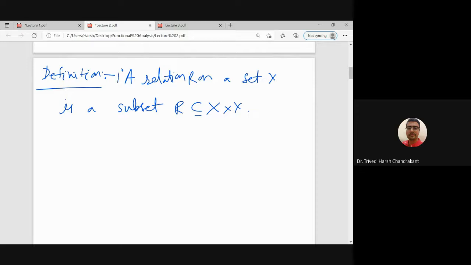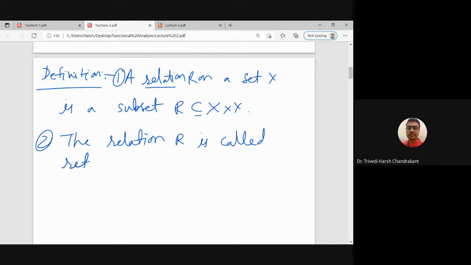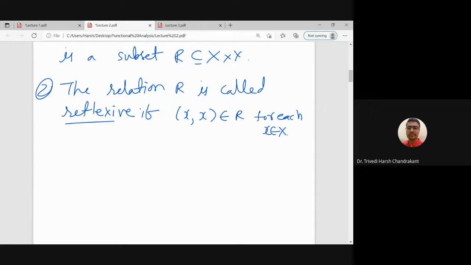And further we say that, in the definition of relation, the relation R is called reflexive if (x, x) belongs to R for each x belongs to X. So this is reflexive.